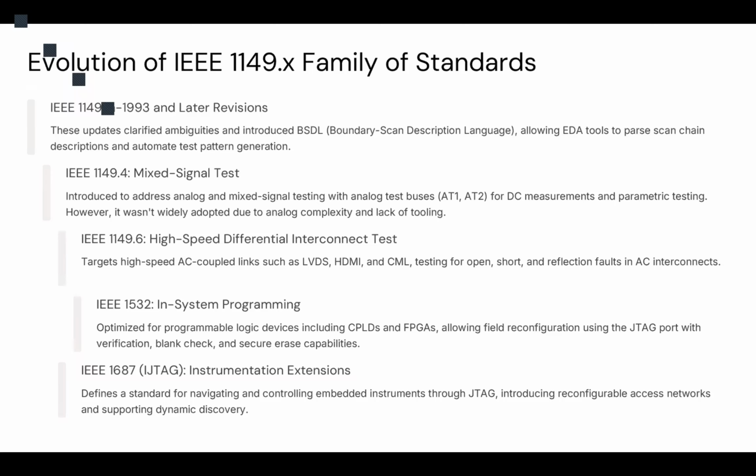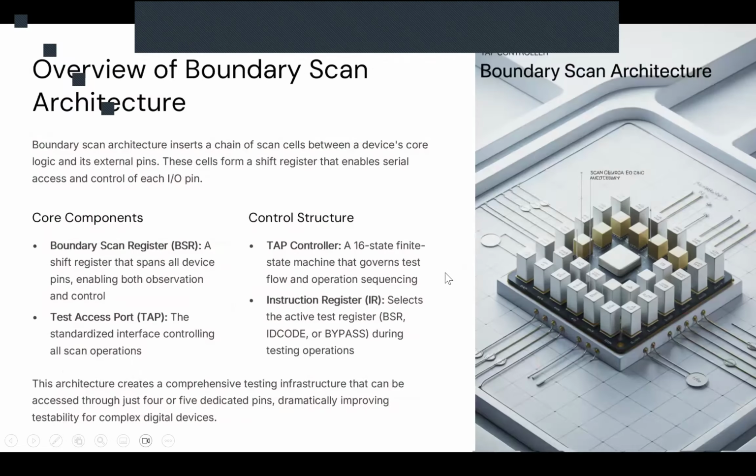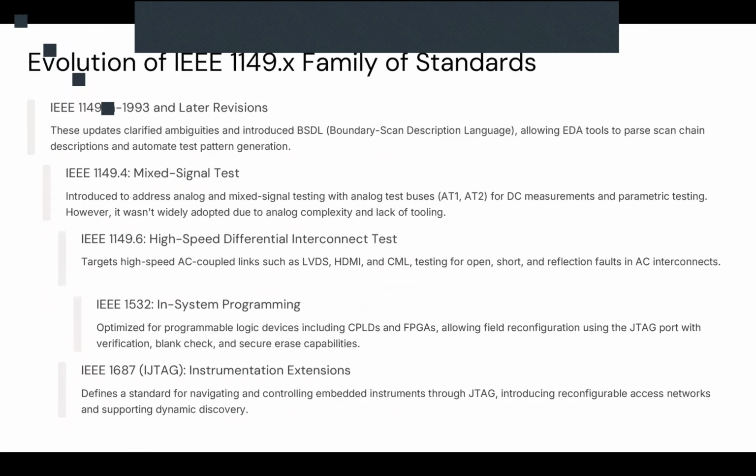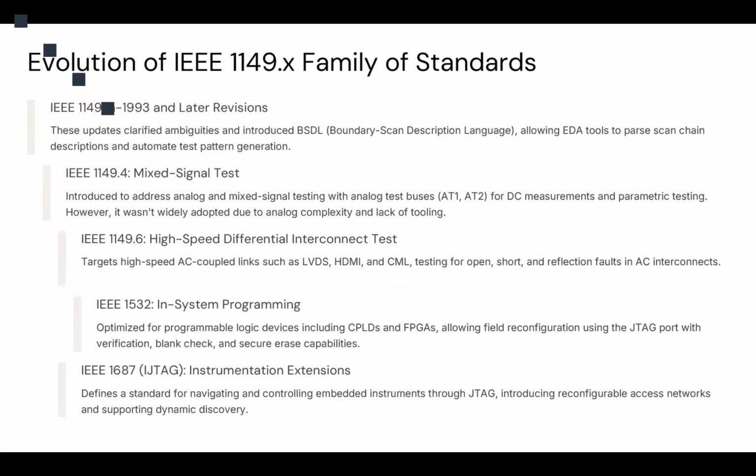It covers that in 1532. And the next standard is IEEE 1687, the IJTAG, which is embedded instrument access, developed to access the embedded instruments inside the integrated circuit through a reconfigurable scan network.